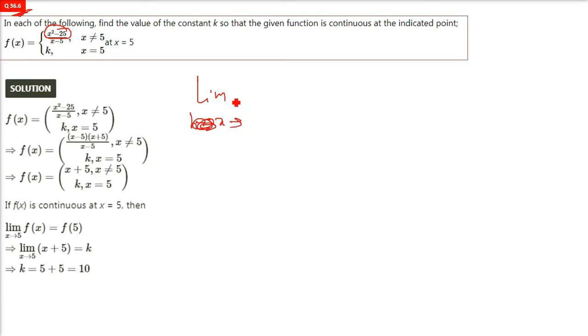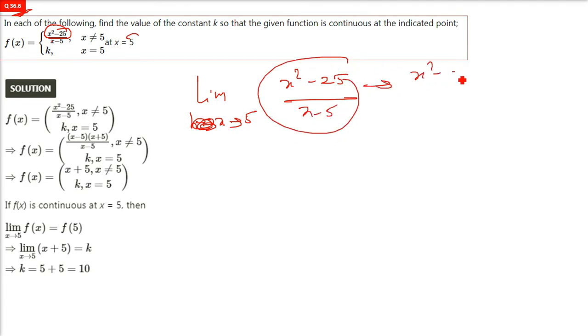So directly apply limit x tends to 5 here. You have x square minus 25 divided by x minus 5. Since 25 can be written as 5 square, x square minus 5 square is x minus 5 into x plus 5, divided by x minus 5.